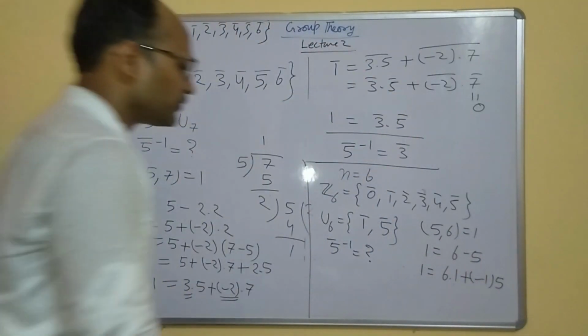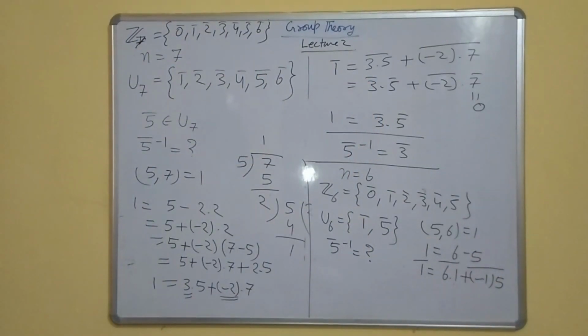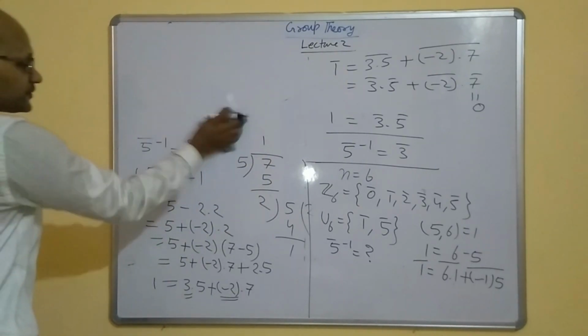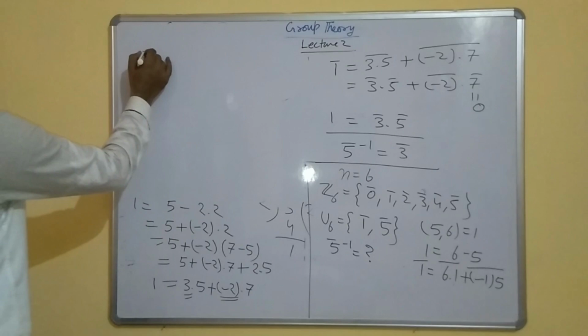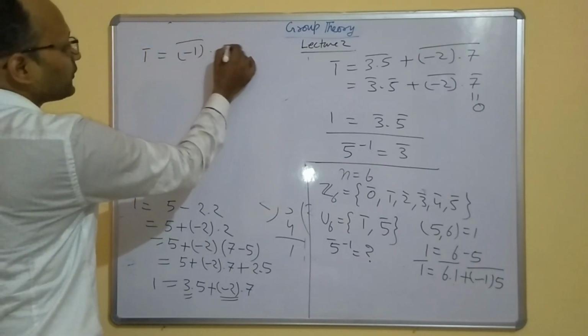We can take bar on both sides. So 6 bar is 0, so 1 bar is minus 1 bar into 5 bar.